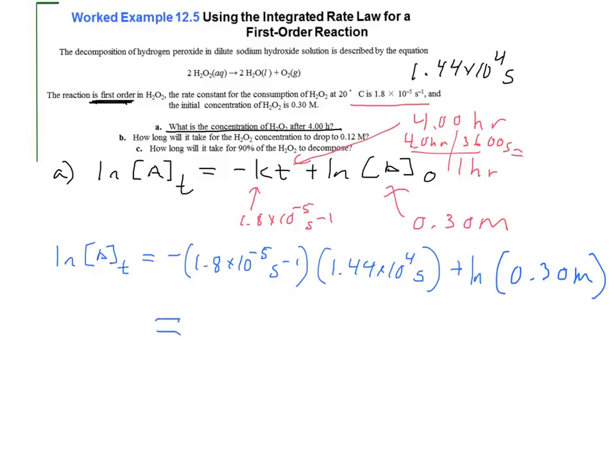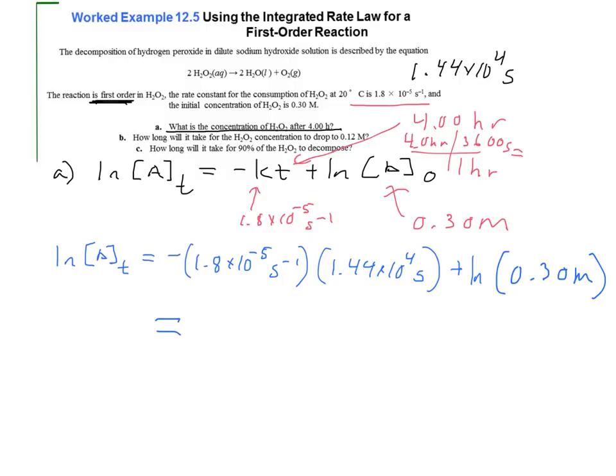So I grab my calculator, and that gives me a negative 0.259. Just a second, I'm going to write that even better.